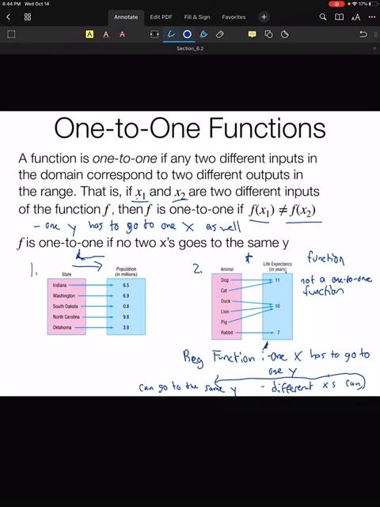There's only one y for each, and y only goes to one x as well. They're in pairs, and no state can share the same population. Hopefully that made a little bit of sense.